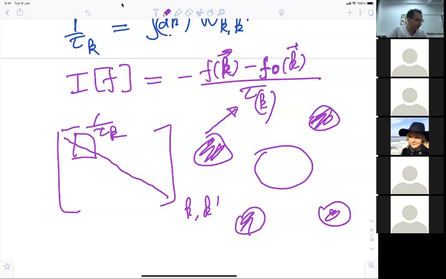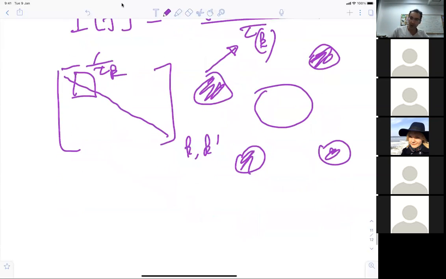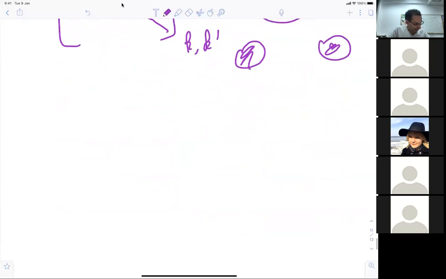So this is the simplest approximation you can do to the Boltzmann equation if you want to extract typical scales and see how it comes about. Okay. This is what's called the tau approximation.